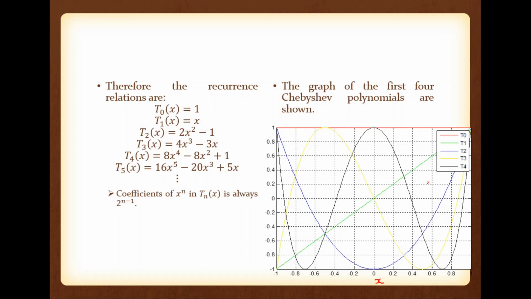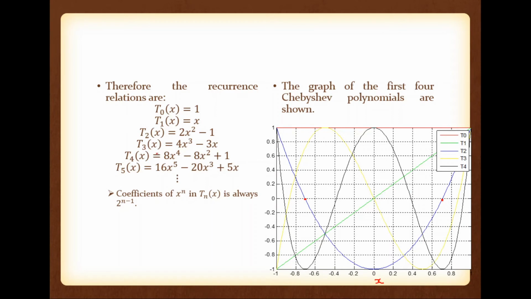And one more thing: T2 of x is equal to 0 at 1 by root 2. Anyway, it is lying within plus 1 to minus 1. T1 of x is also lying between 1 and minus 1.